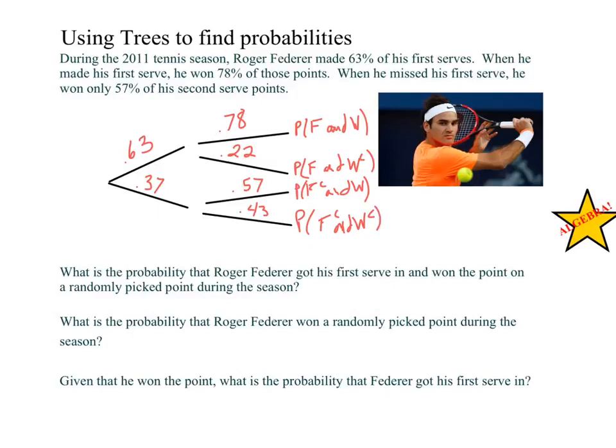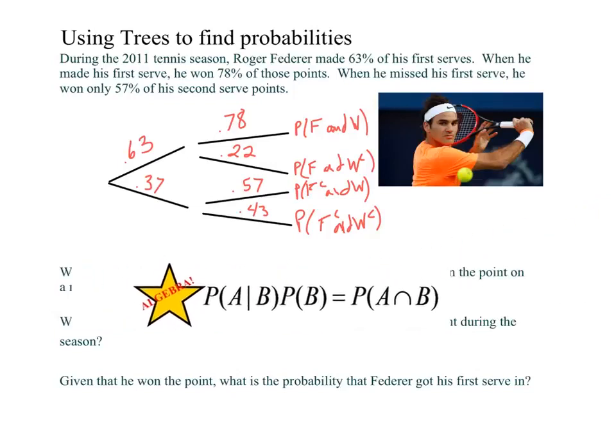Now, along those trees, we are going to multiply to calculate the probabilities. And this is from the formula we looked at that was just some algebra on the conditional formula. Okay? So think about it this way. This is the probability he got the first serve. This is the probability he won the point given the first serve. So this is the probability of A and B. So that's why we just multiply.